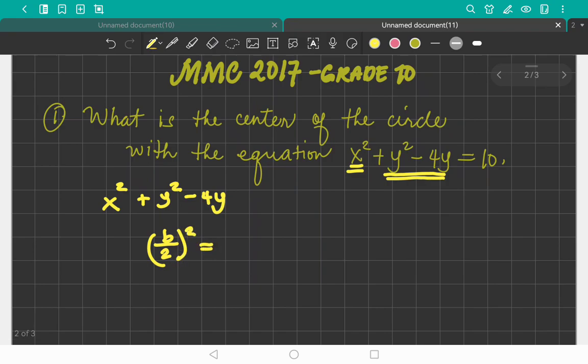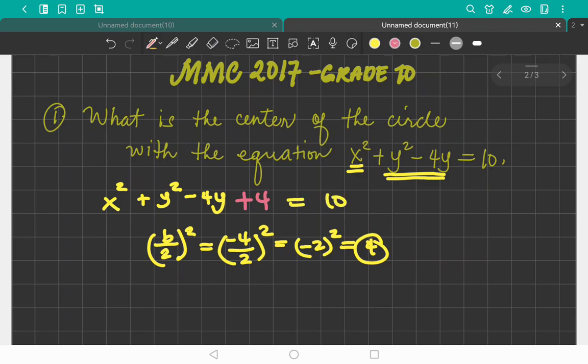So our b, the numerical coefficient, is negative 4 divided by 2, then we have to square it. Therefore, we have negative 2 squared is equal to positive 4. Now, we will add 4 on each side. So, is equal to 10 plus 4.